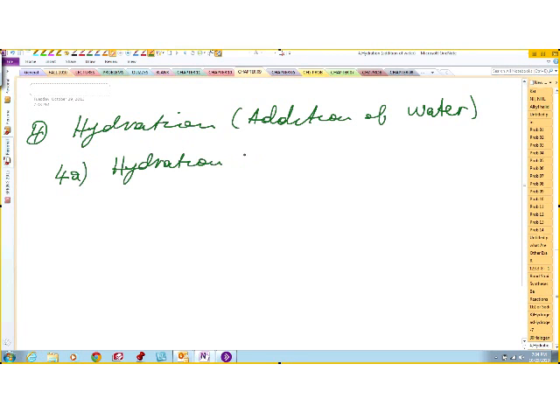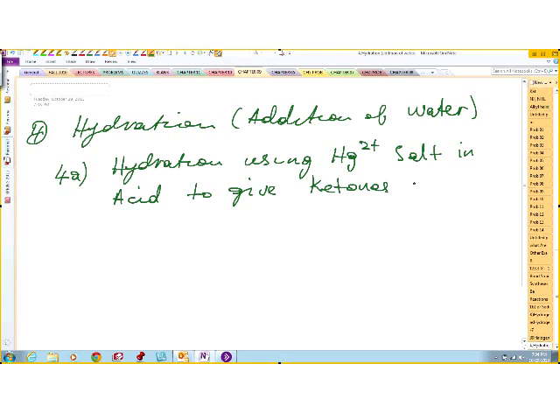Hydration using mercury 2 salt in acid to give ketones or methyl ketones.